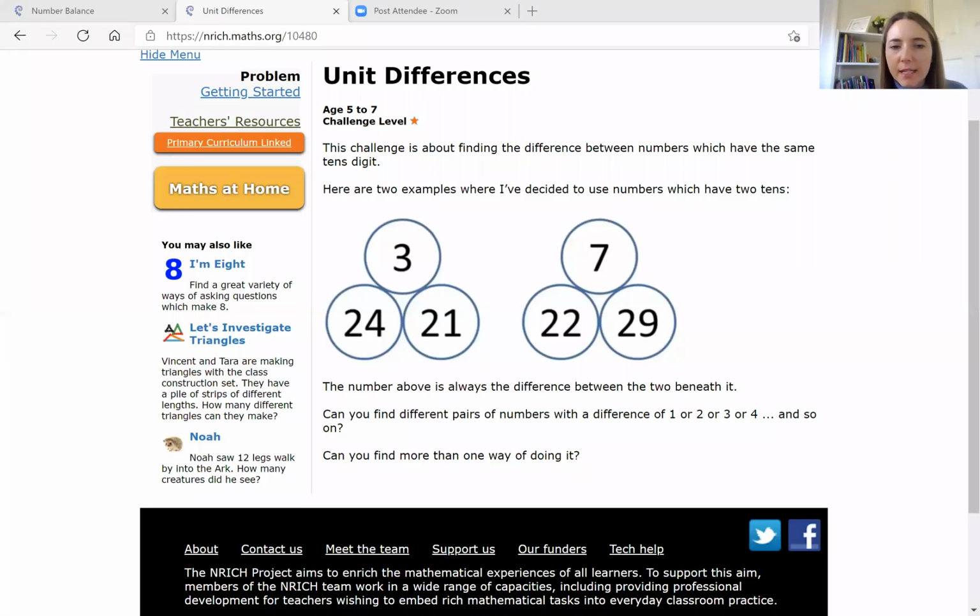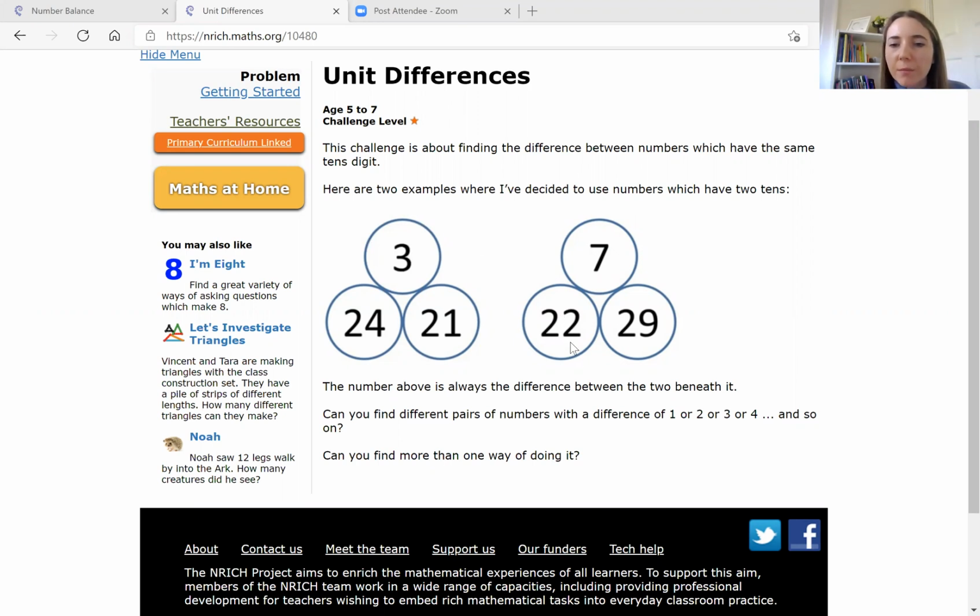Okay. One second. So this is for this one. And it says that the challenge is about finding the difference between numbers which have the same tens digit. So here 24 and 21 has the same tens digit and the difference is 3. So the circle at the top shows you the difference between the numbers at the bottom.